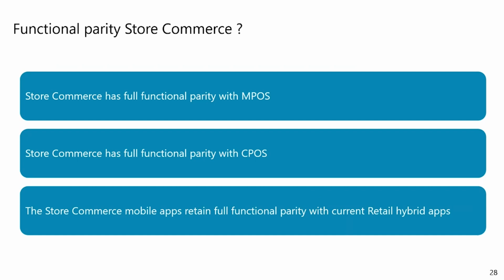In addition, Store Commerce supports the dedicated hardware station. The Store Commerce mobile app also retains full functional parity with current retail hybrid apps. In addition, Store Commerce for iOS includes support for dedicated hardware station. So iOS devices can also communicate with the network payment terminals, receipt printers, and cash drawers without using a shared hardware station.